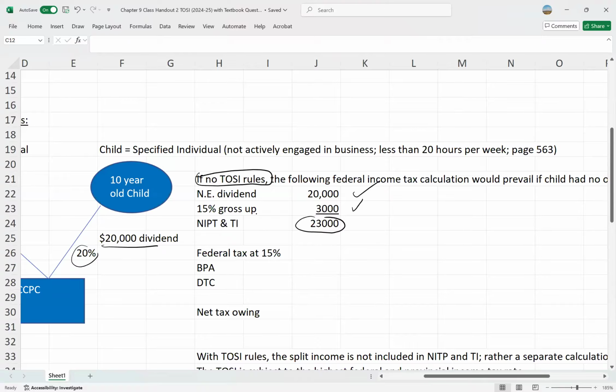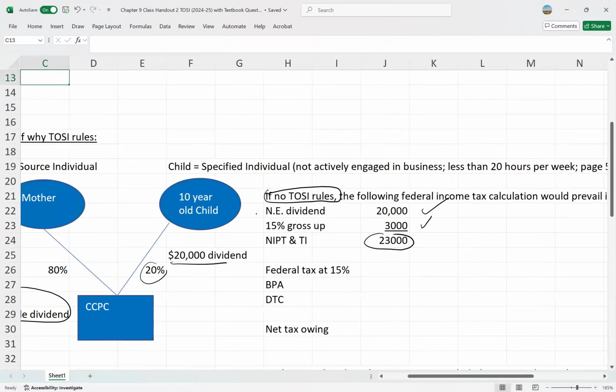Now, they don't have any other income, and let's say we're going to focus on their federal tax. They're going to pay federal tax at 15%. There will be provincial tax as well, but we're just going to focus on the federal tax. So the federal tax that they would pay at 15% is going to be $3,450.